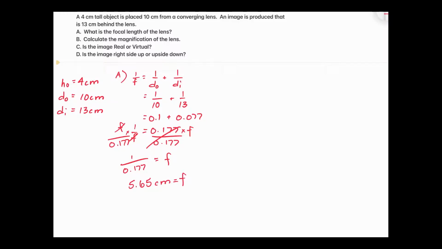Okay, and let's do the next part. See how that goes. So the next thing they want is the magnification of the lens. Okay, so our magnification is equal to, okay, so it's either one of these.